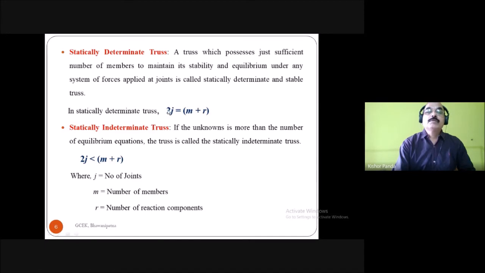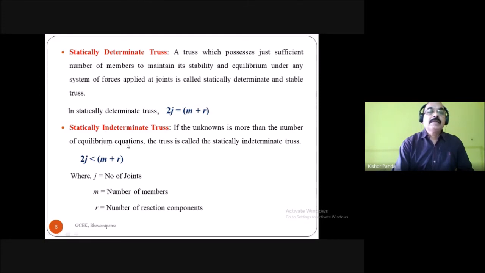If the number of joint static equilibrium equations is equal to the number of unknown forces, then this is called a statically determinate truss. Here J is the number of joints, M is the number of members, and R is the number of reaction components. When M plus R is equal to 2J, that is called a statically determinate truss.